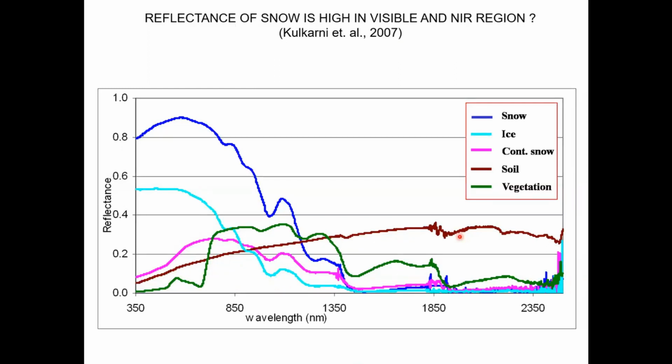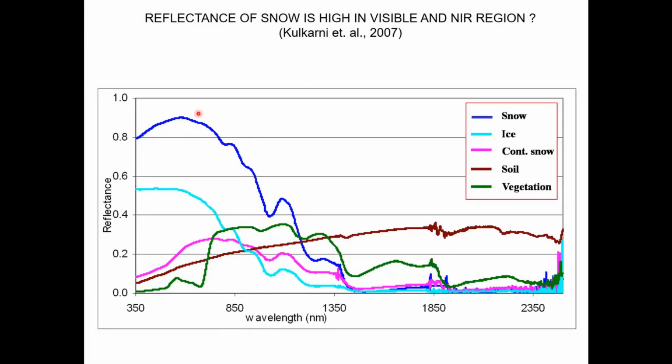And we have seen this curve yesterday. And in this curve, we have seen that snow has a very high reflectance in a visible band of electromagnetic spectrum. That means around 400 nanometer to 700 or 800 nanometer, it has very high reflectance in this region.